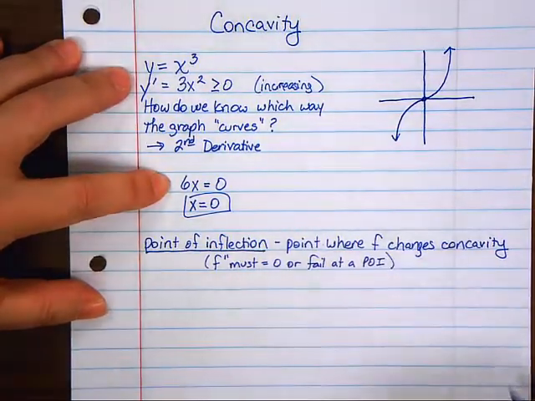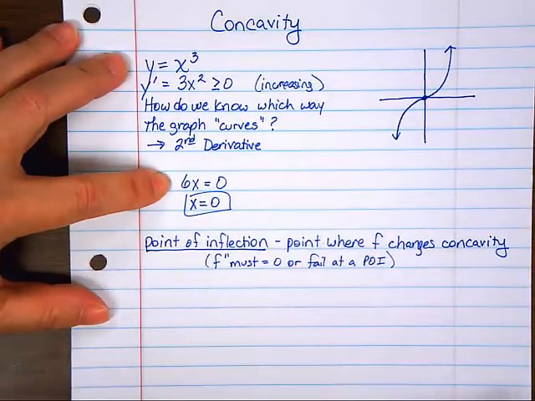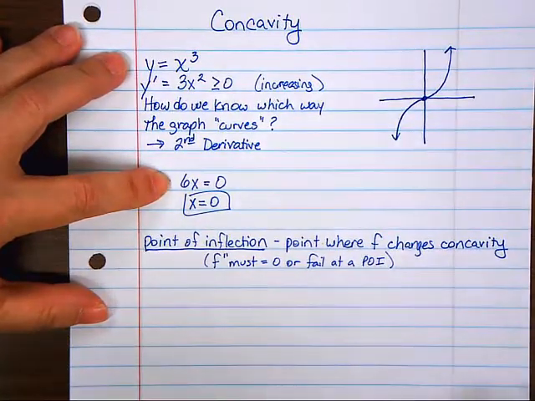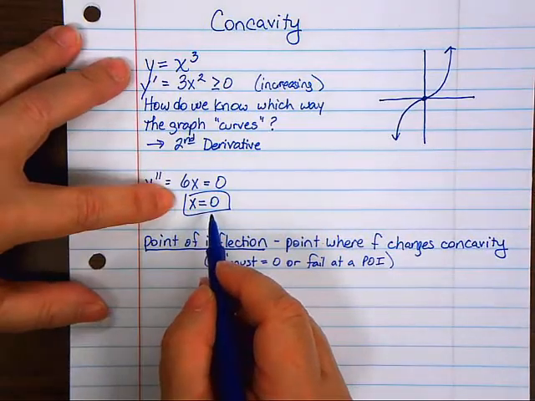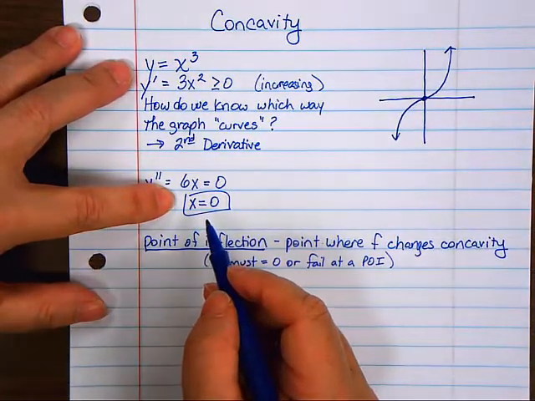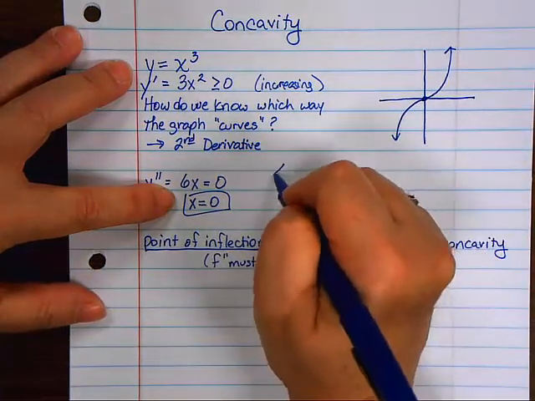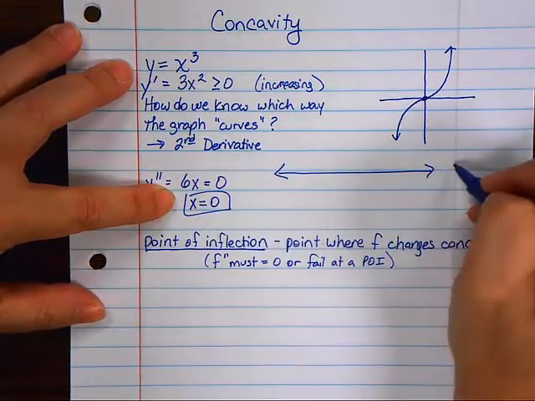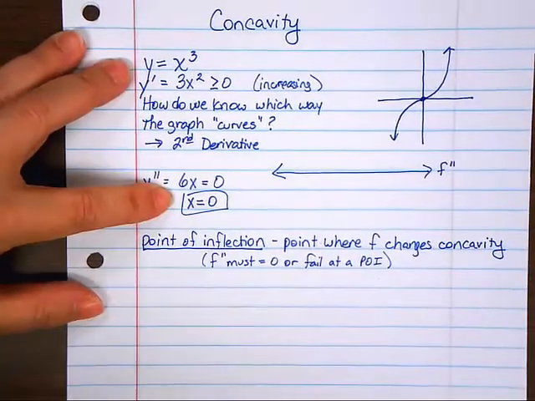POI is the widely accepted abbreviation for point of inflection. After you find where the derivative equals 0 and then where it fails, we're actually going to make a number line like we did for the first derivative. So I'm going to make my number line up here. And this is an f double prime number line.